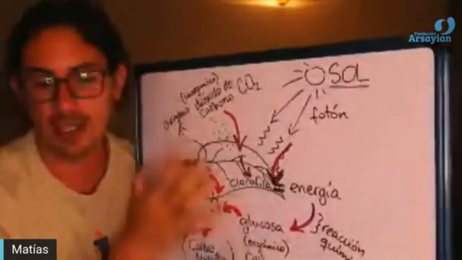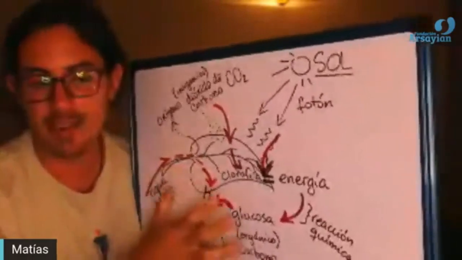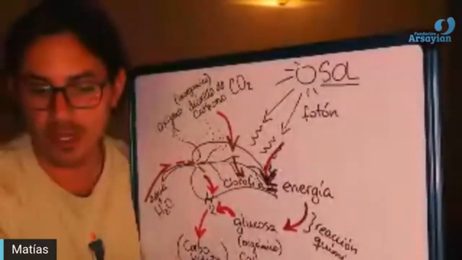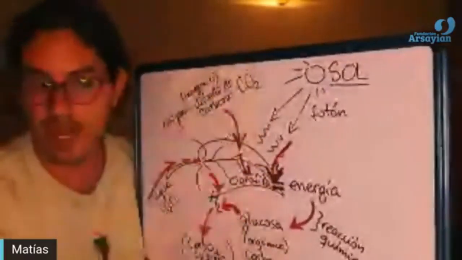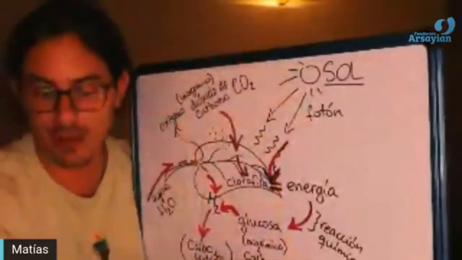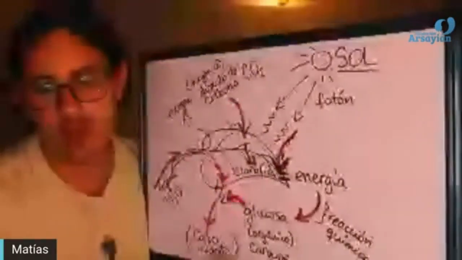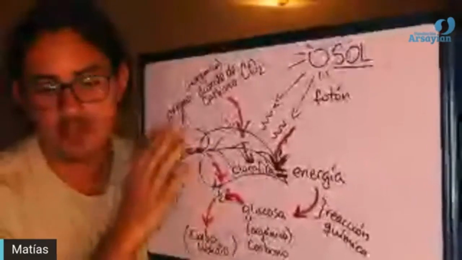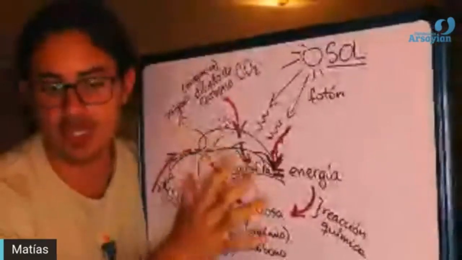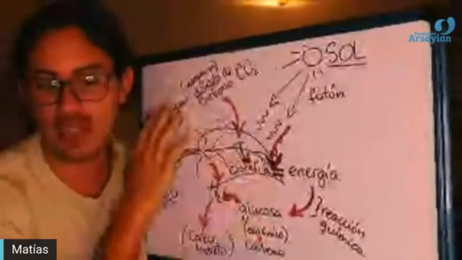So the plants are giving us basically life through food and through the oxygen that we breathe, giving it away, receiving the bad things and giving the good things for us. So we breathe the oxygen, which is what the plants don't need to live.